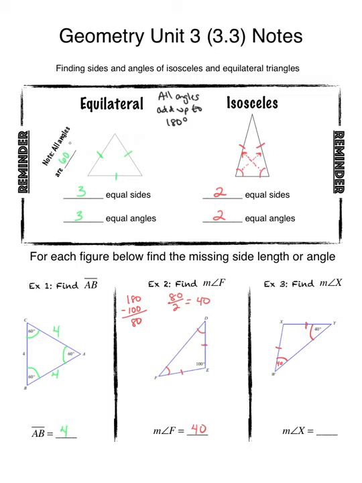Those 2 add up to 80. 180 minus 80 equals 100. Angle X is 100 degrees. You are applying what you know. It's not just fill in one blank. You have to apply. You have to recognize what the markings mean. You have to recognize which type of triangle we're talking about and how to fill in the rest. All right, next page.